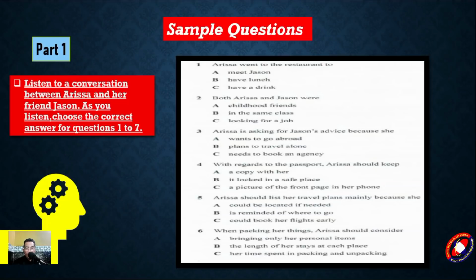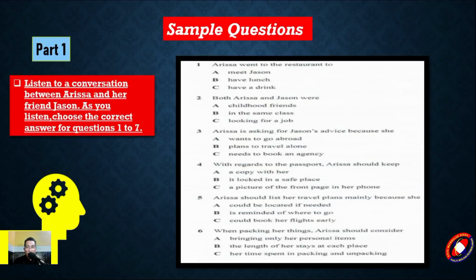And number 6, when packing her things, Arisa should consider A, bringing only her personal things, B, the length of her stay at each place, and C, her time spent in packing and unpacking things.